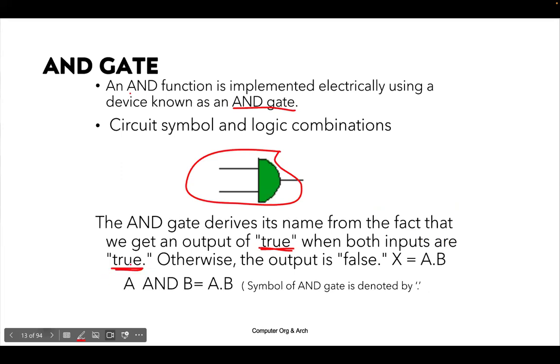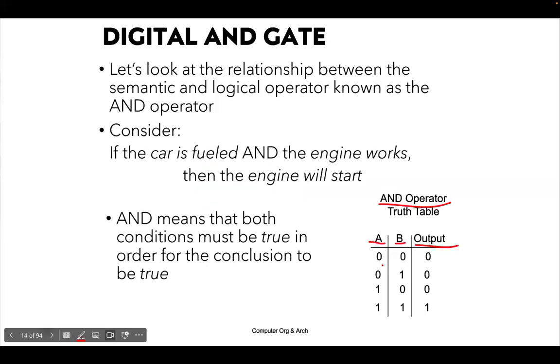But the moment one of the inputs is not true or is not one, then the output is obviously 0, or what we refer to as false. That is why you see when our input A is 0 and input B is 0, or they are both false, obviously the output has to be false.